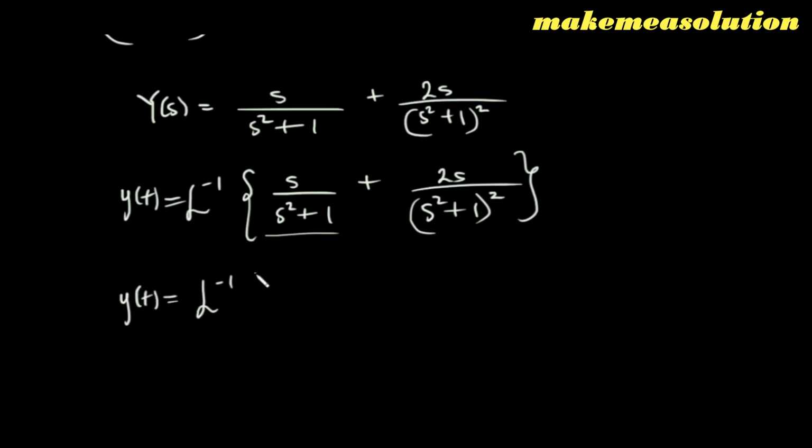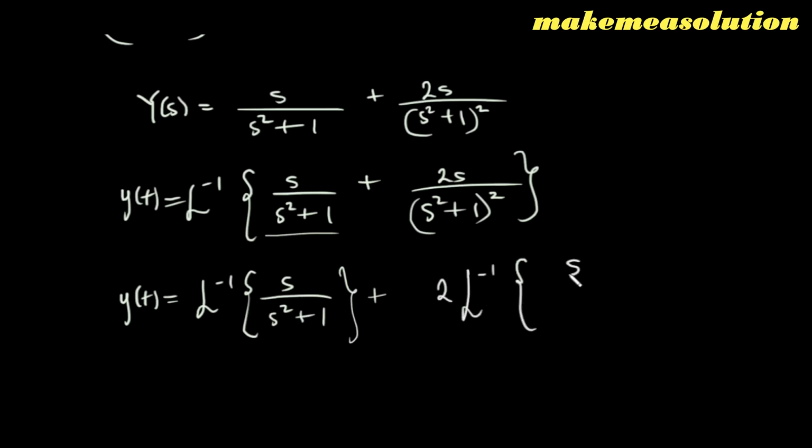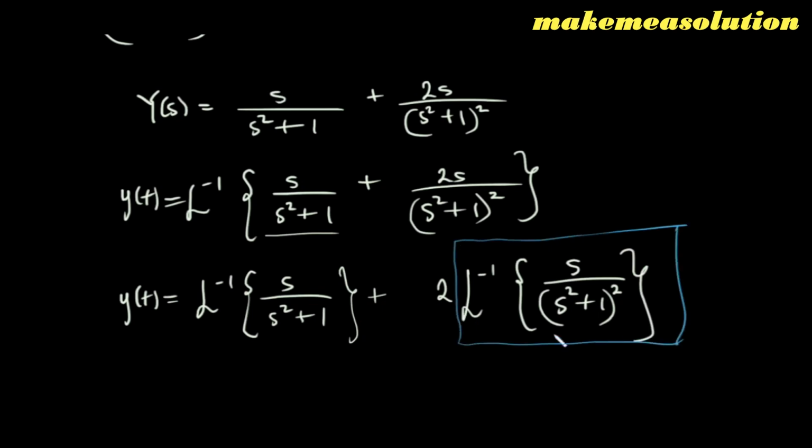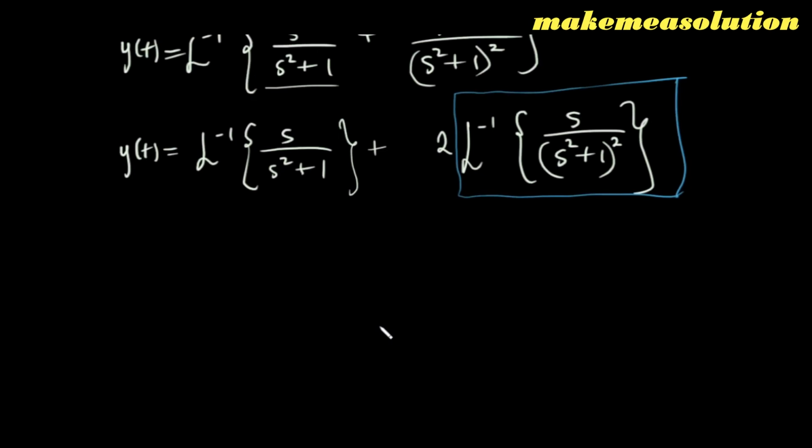You have inverse Laplace of s over s squared plus 1 and plus, if you apply linearity here, you get 2 times the inverse Laplace of s over s squared plus 1 all squared. Now, the main issue is on this particular one over here, and to resolve it, we still have to borrow knowledge from convolution.